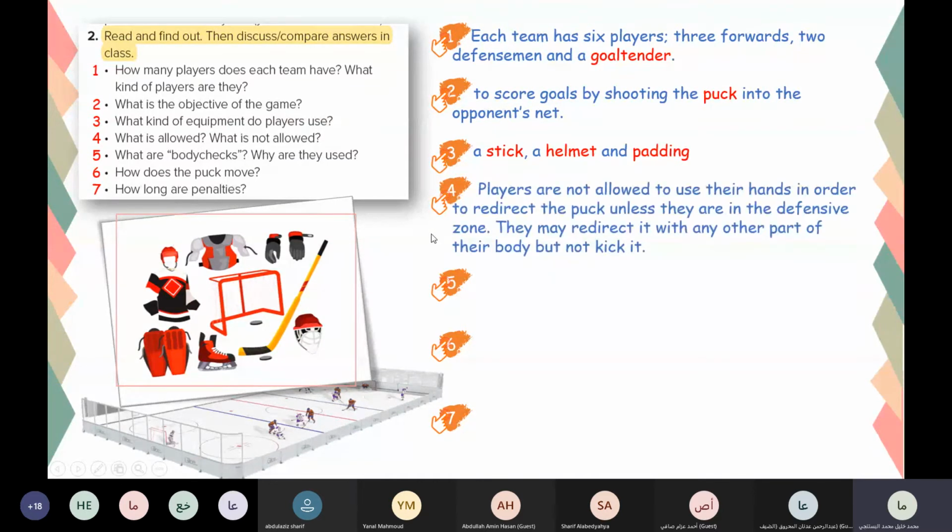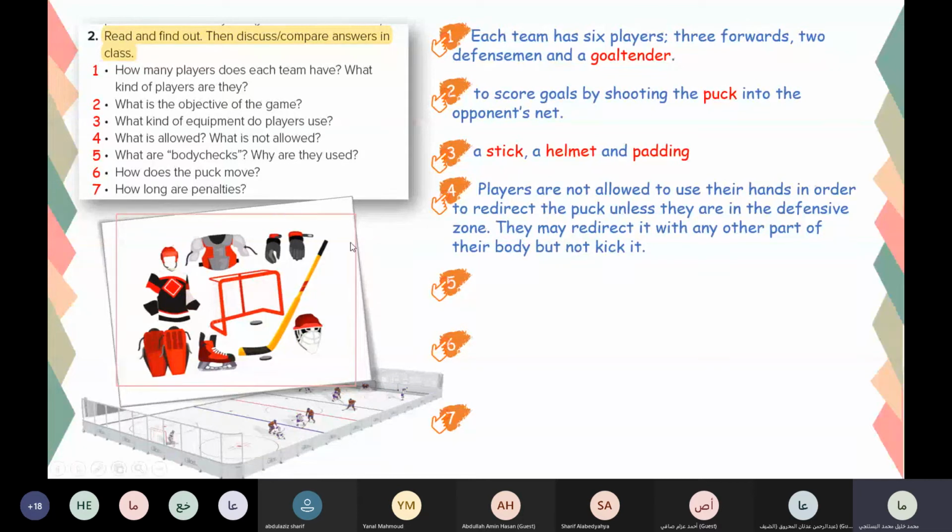Who can read the answer, please? Read, Abdullah. Players are not allowed to use their hands in order to redirect the puck unless they are in the defensive zone. They may redirect it with any other part of their body, but not kick it. Good. So players are not allowed to use their hands in order to redirect the puck unless they are in the defense zone. They may redirect it with any other part of their body. Good.